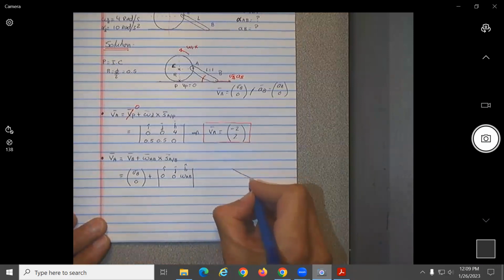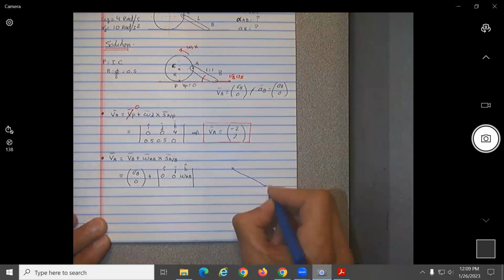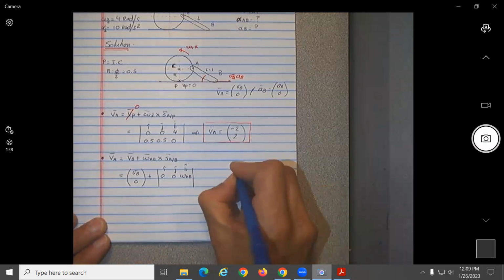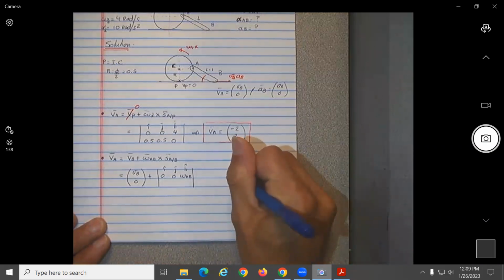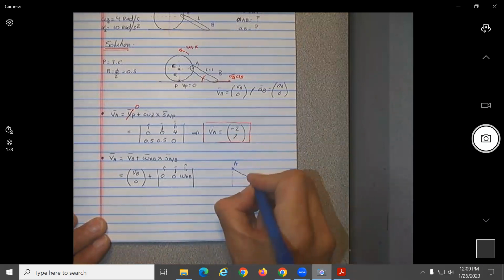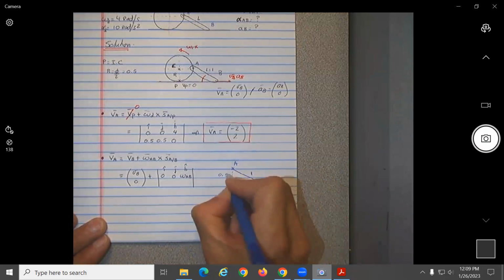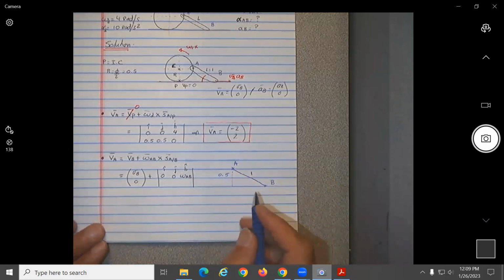So basic trigonometry, we have here B. This is A. So this is 1. What is the distance over here? 0.5. So this will be what?